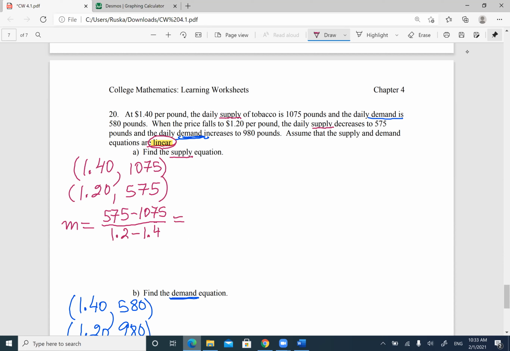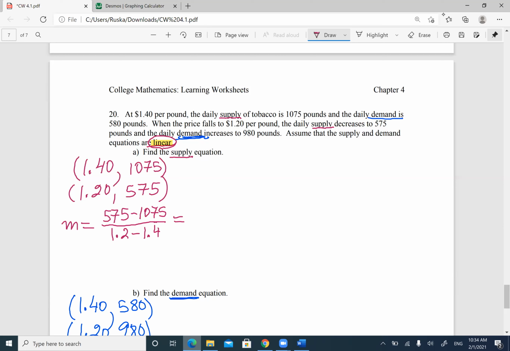I'm sorry, that's y2 minus y1 over x2 minus x1.